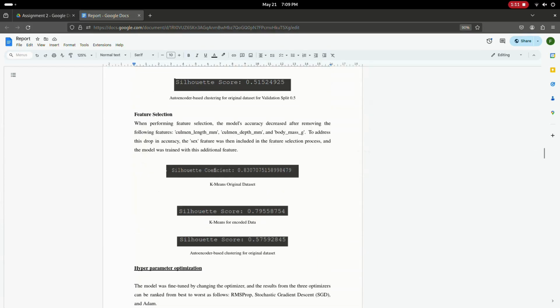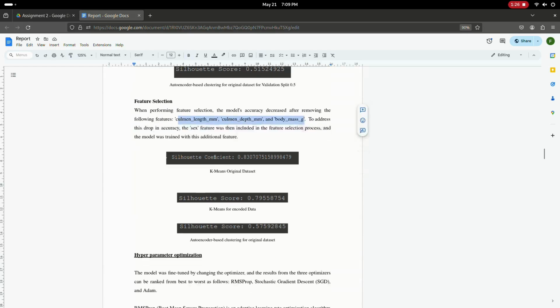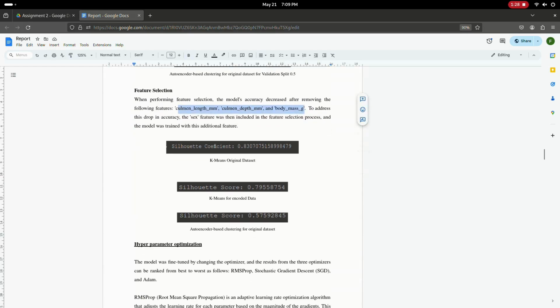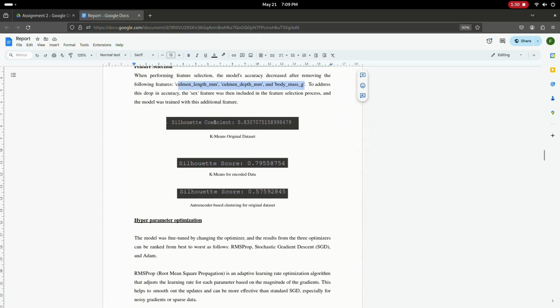This is where from our table we select which columns we want to include in our training. This is my first attempt, where I include only 3 features, and when I train and compute the Silhouette coefficient, I get this result.